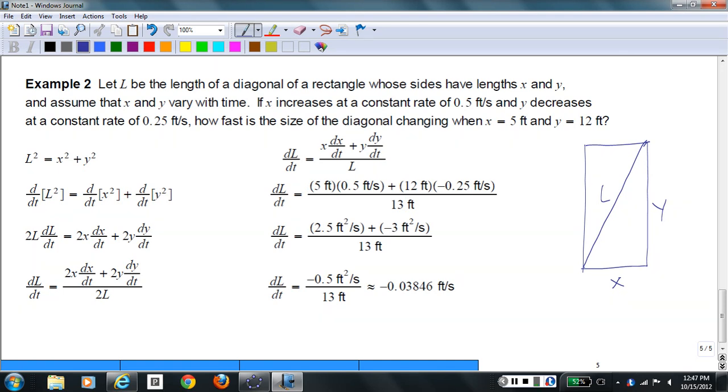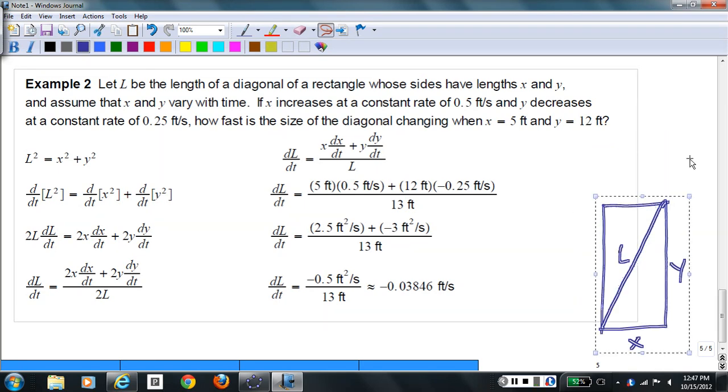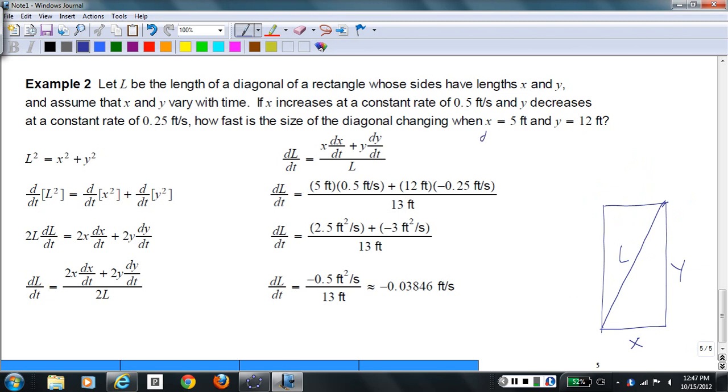So what do we know? What do we need to know? We know x equals 5 feet. Let me scoot this over and I can probably summarize this a little bit better. x equals 5 feet, y equals 12 feet, dx/dt equals 0.5 feet per second, and dy/dt equals negative 0.25 feet per second.